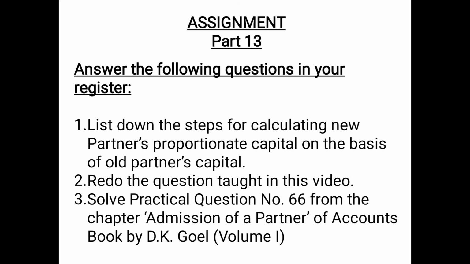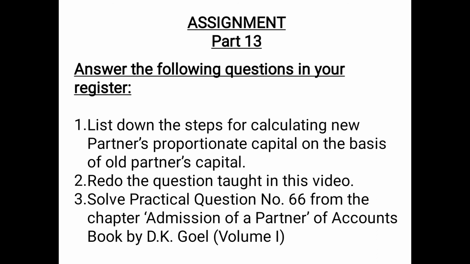Then step number 2 is to calculate the new partner's capital. For that, either you can choose an indirect step, that is first to calculate the total capital of the firm, that is total adjusted capital multiplied by reciprocal of the remaining share, and then thirdly you can calculate new partner's capital on the capital as calculated in step number 2.